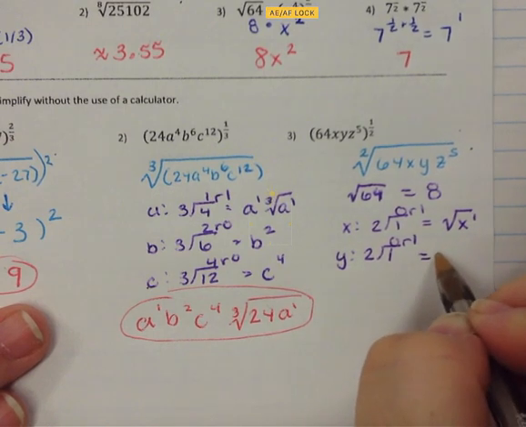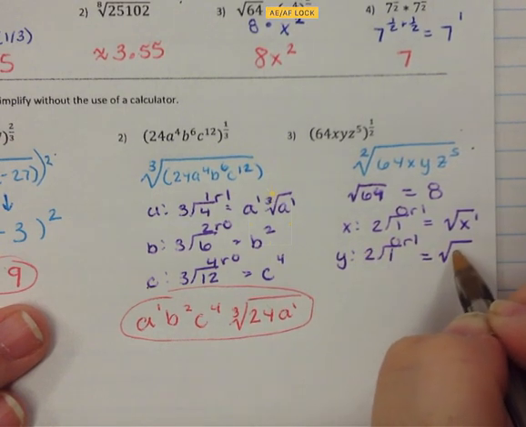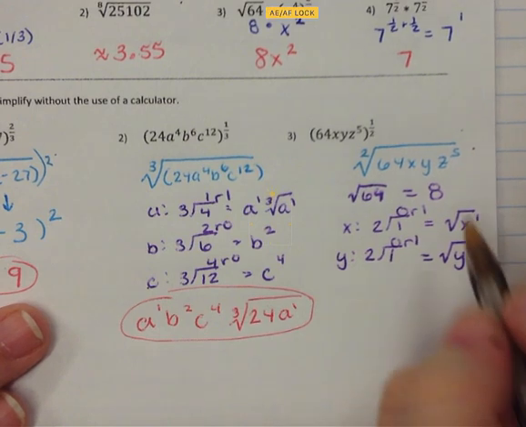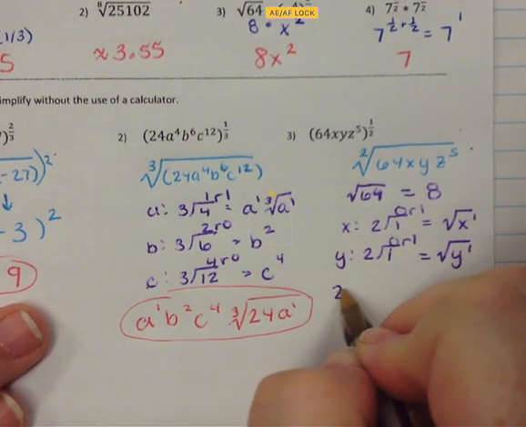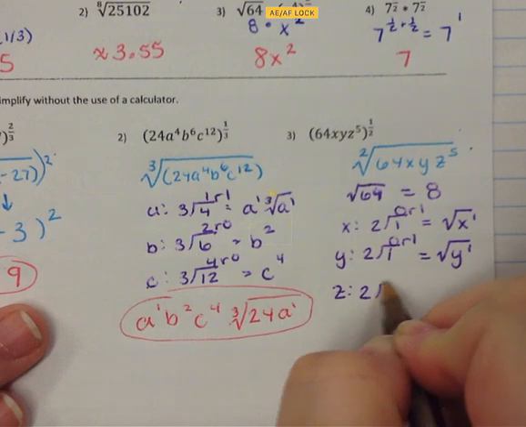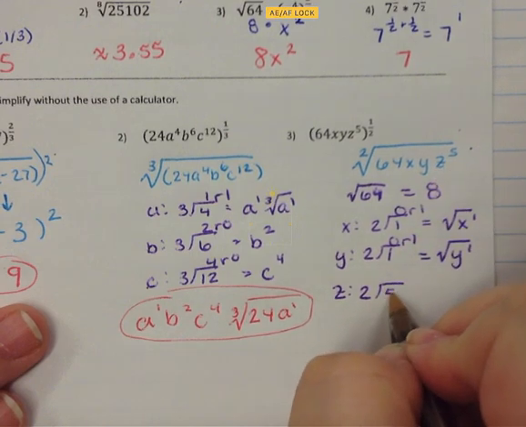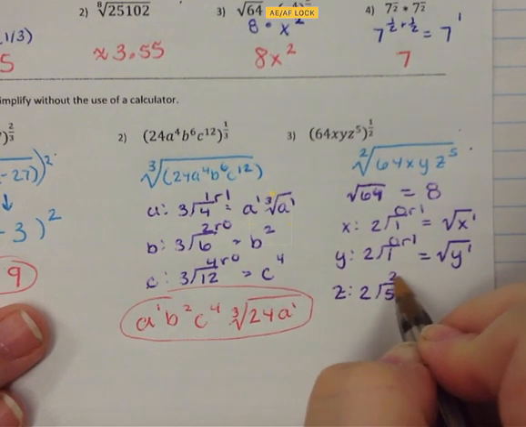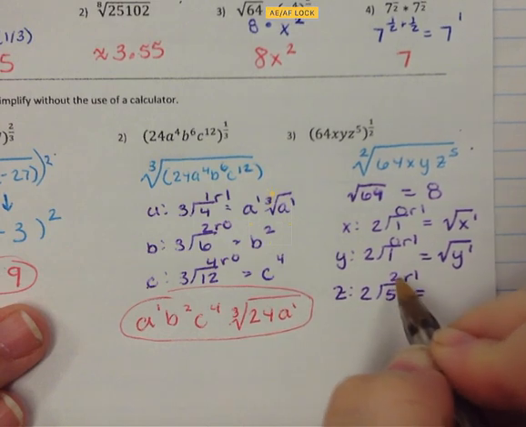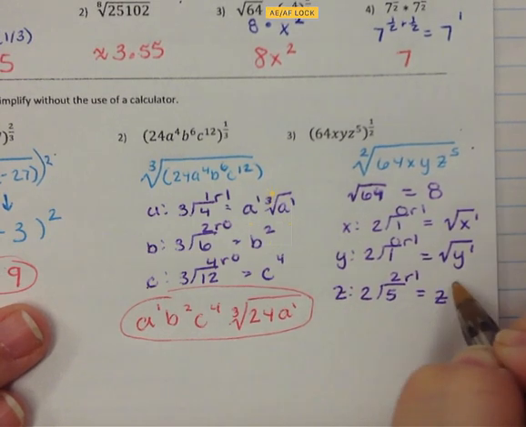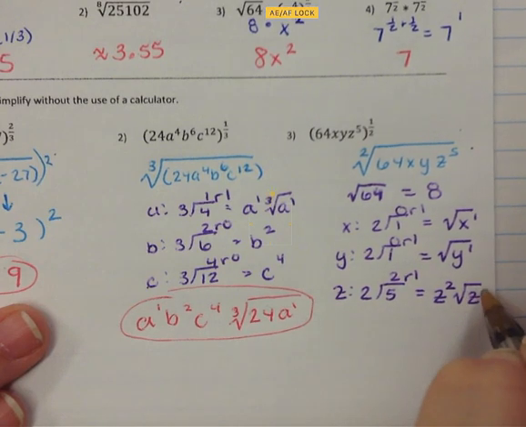So this is the square root of y to the first. Then we have z. The index is 2, going into z to the fifth. 2 goes into 5 two times with a remainder of 1. That means we have z squared as our coefficient, and then we still have a radicand of z to the first.